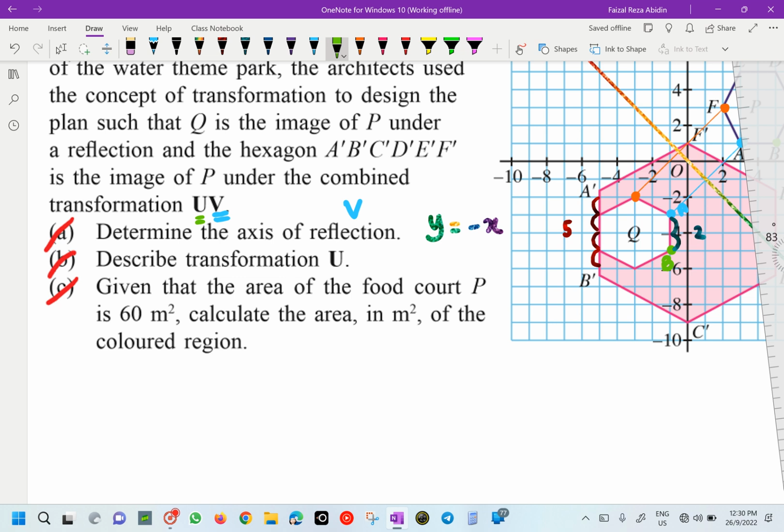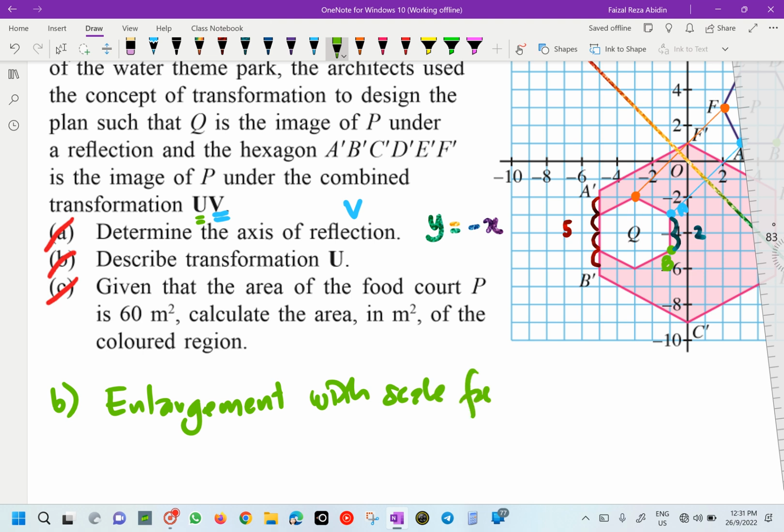For our U here, you are going to have an enlargement, with scale factor negative 5 over 2, or negative 2.5. We take 5 over 2, not 2.5.